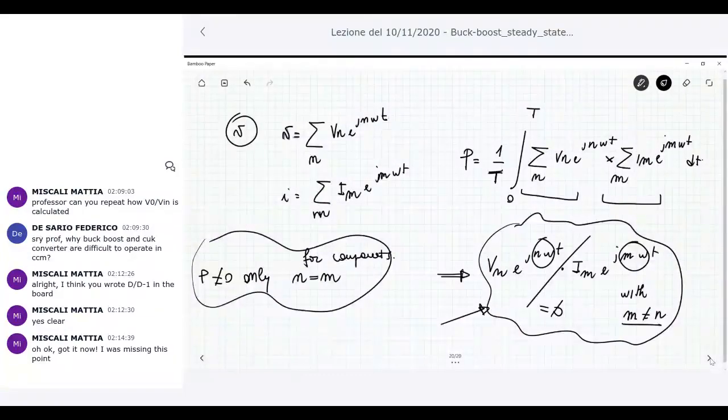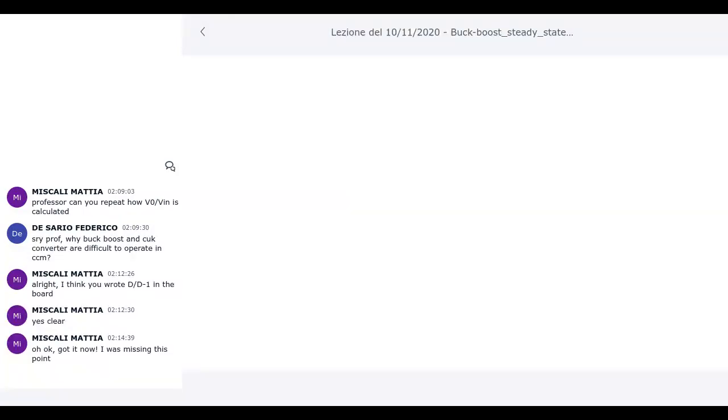If the voltage V is constant, that means that the frequency is null, it is a DC, then the average power is not null only for the DC component of the current I. Okay, this is very important to understand. You have a non-null average power only if you consider the same frequency component in the two variables that you are multiplying, okay?